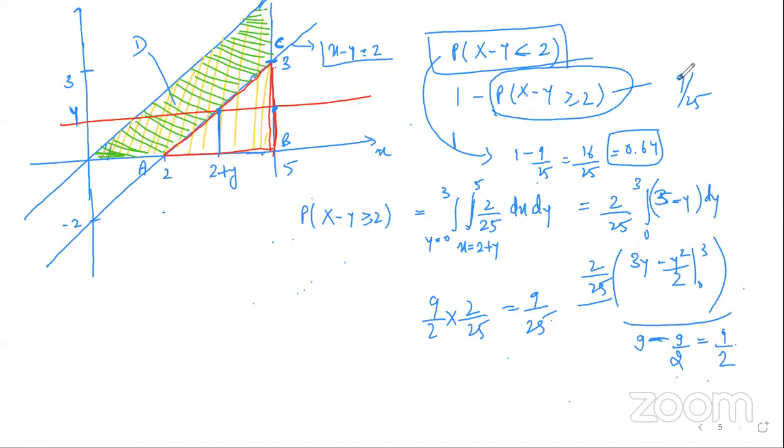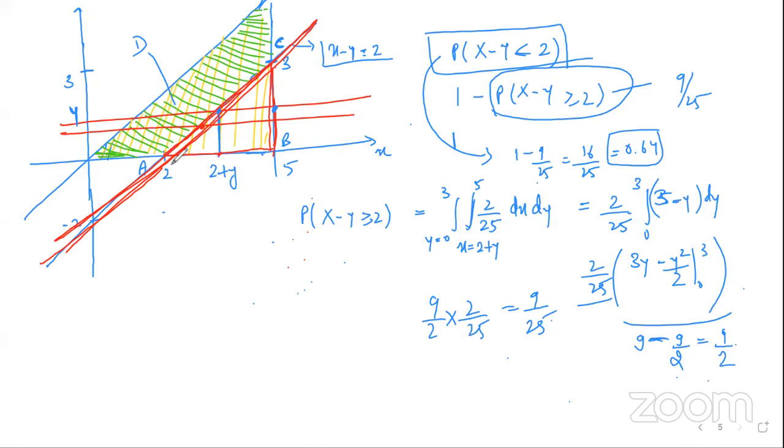So x is going to be 2 plus y. So any y you fix, you will always get x varying from 2 plus y, the lower limit, since this was our curve, x minus y equal to 2. Any horizontal line that you draw, the first point that touches this curve, that point x is 2 plus y.